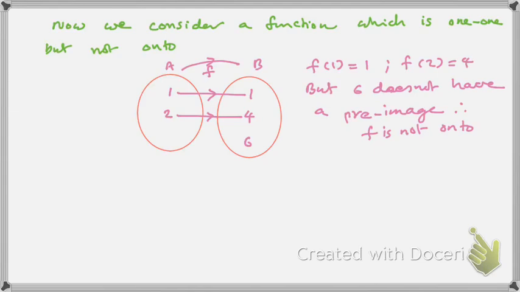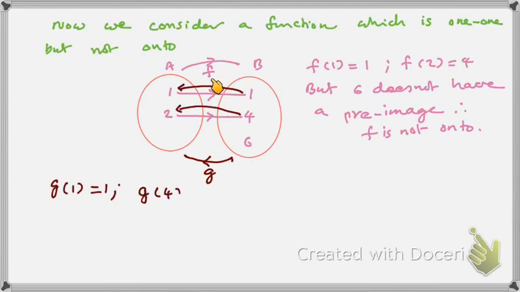We're going to set up a function g which is defined from B back to A. I call it g. And what is g doing? g will take 1 back to 1 and 4 back to 2. So g of 1 is 1 and g of 4 is 2. So when you look at this g, which is defined from B to A, it's not a function.